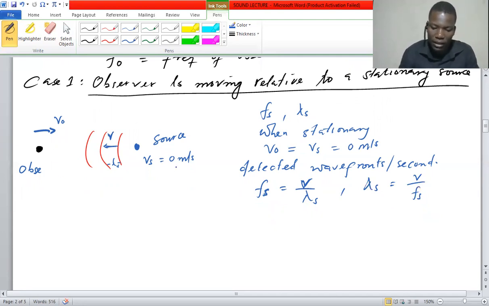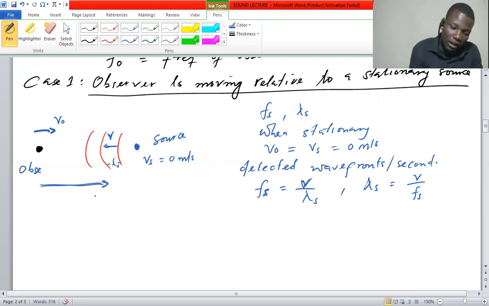what we're going to have is that this observer is going to detect additional wavefronts as he will be moving in this direction. So now when he's moving in this direction, he's going to cover a certain distance.